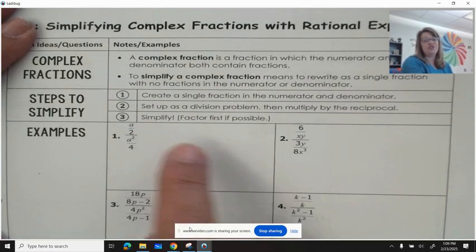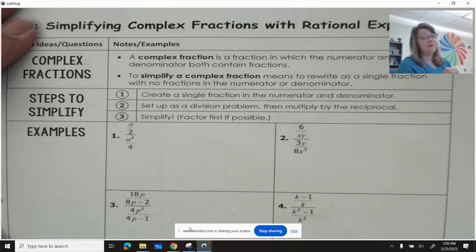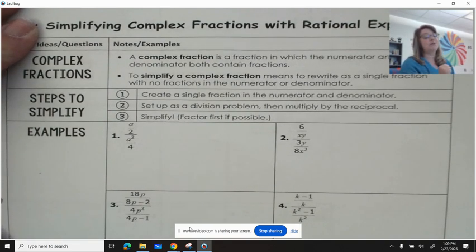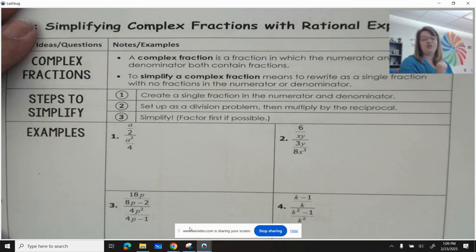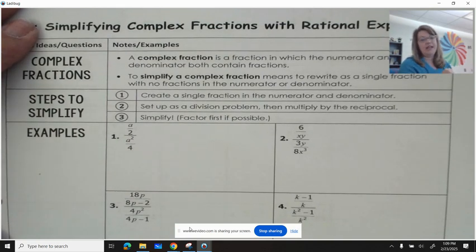These guys start out that way. We start out easy where they already are a single fraction. On the back page, like I said, we'll have to add and subtract first. Then we have to set up a division problem. Then we multiply by the reciprocals, which is the fancy term for keep, change, flip. And then we're just going to simplify where we do our factoring if possible, and then simplify.